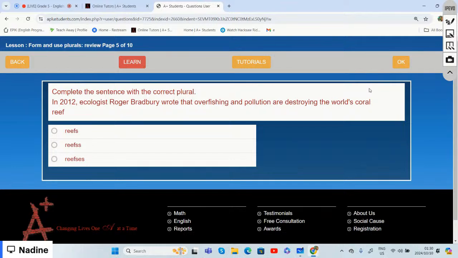The next one says, in 2012, ecologist Roger Bradbury wrote that overfishing and population are destroying the world's coral reef. So, coral reef, is it option one, two, or three?